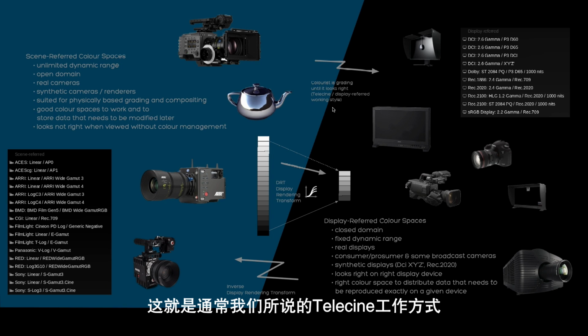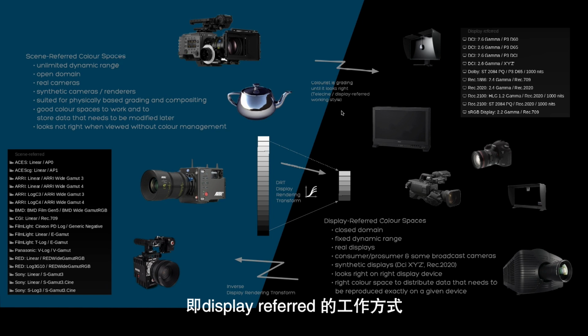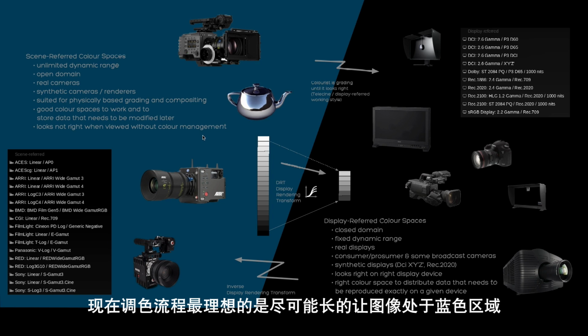This is what we refer to sometimes as the telecine style of working or the display referred working style. This style has worked well in the past, but for modern state-of-the-art pipelines, it is not capable anymore because it has certain limitations.